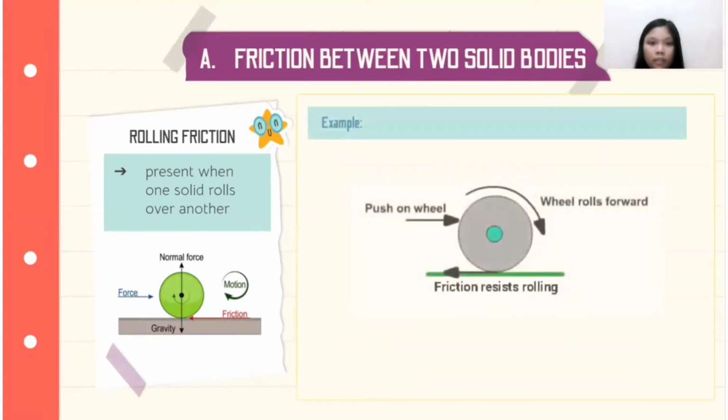And here's an example of rolling friction. When we push a wheel, the wheel rolls forward, and eventually the wheel stops rolling. This is because there is friction between the wheel and the surface of the ground.